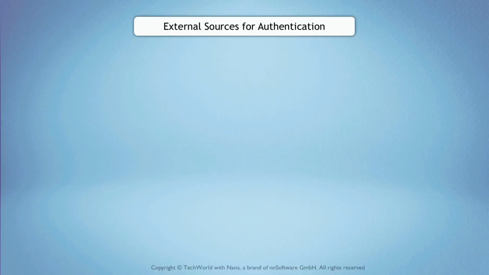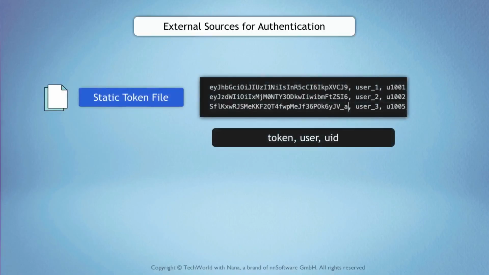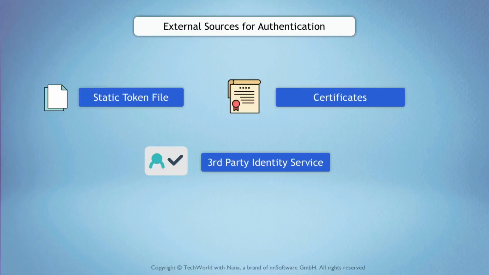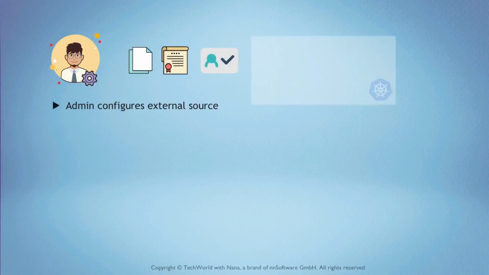And this external source could be a static file with user details, username, and token. It could also be certificates that are signed by Kubernetes itself, or a third-party identity service like LDAP, for example. So a Kubernetes administrator will usually configure one of these external sources, like a static file or certificate or third-party identity service in the cluster, so that Kubernetes has access to this information.